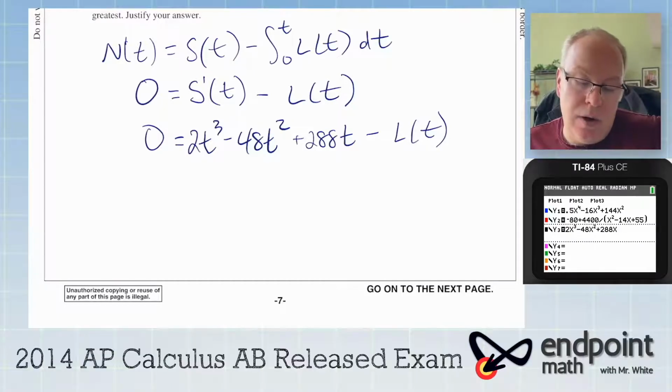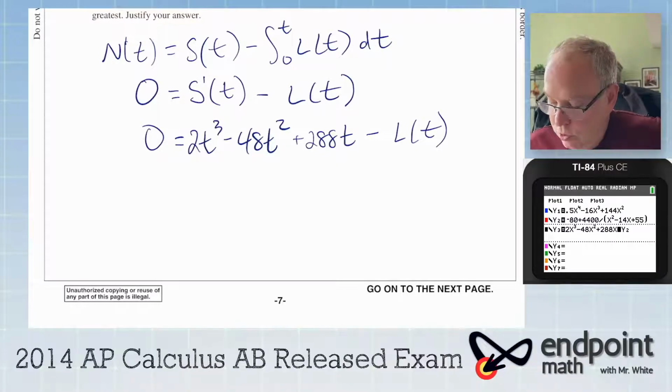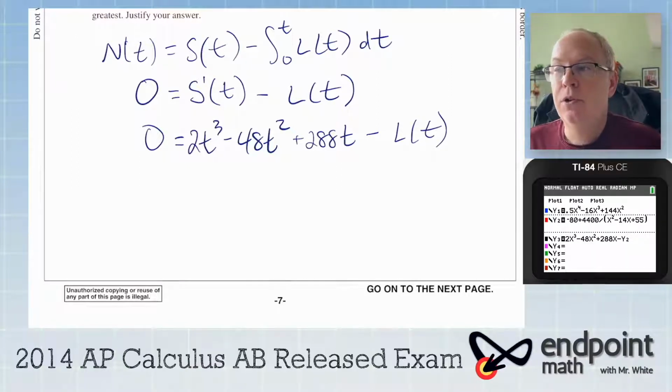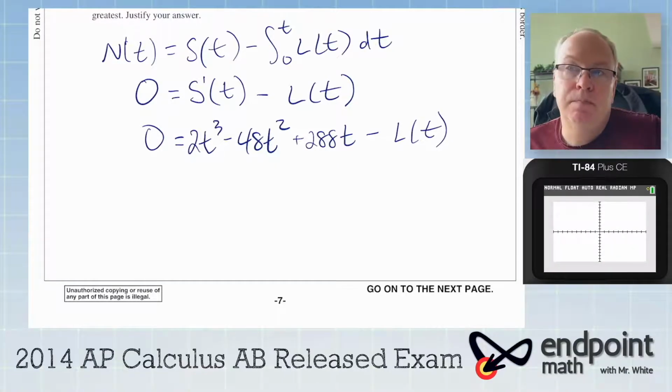Minus 48x squared plus 288x minus. All right, so I'm pretty sure I can do this. I'm going to put that y1 in there. I'm going to go to vars. Y2 is going to go in there. Okay. All right, and then I'm going to come over here, and I'm going to turn these graphs off so that they don't distract us. All right, let's see if we can graph this.